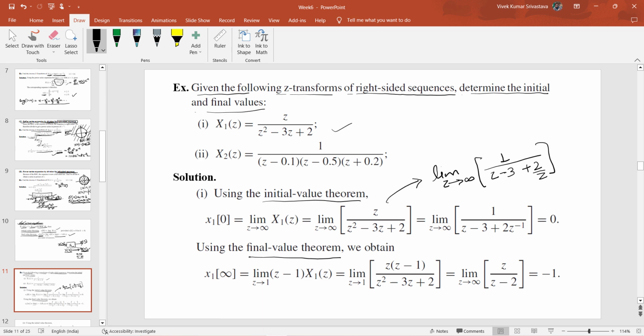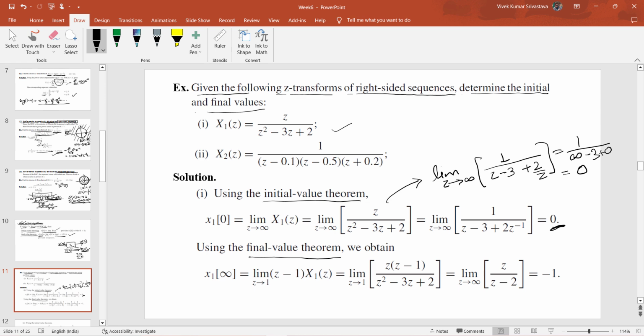Now if we put z as infinity, this will be equal to 1 over infinity minus 3, and this will be 0. So this basically equals 0. So 0 is the initial value.